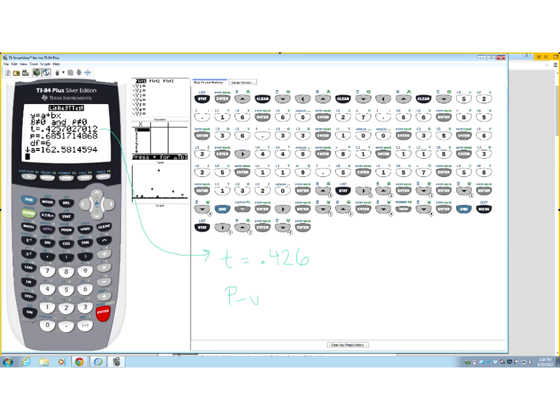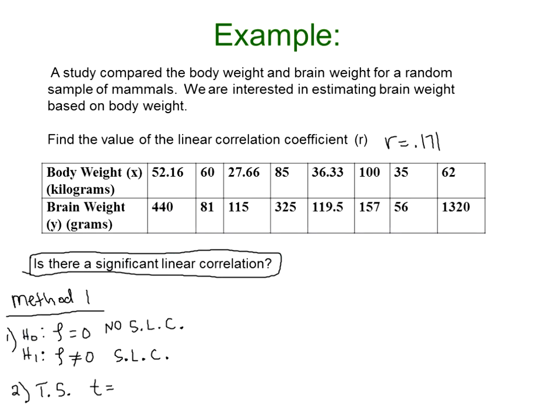And then our p-value is equal to 0.6852. I'm just writing those down so I don't forget them. That's my p-value. Now I know what my test statistic is, so I'm going to go ahead and use it. My test statistic is 0.426.